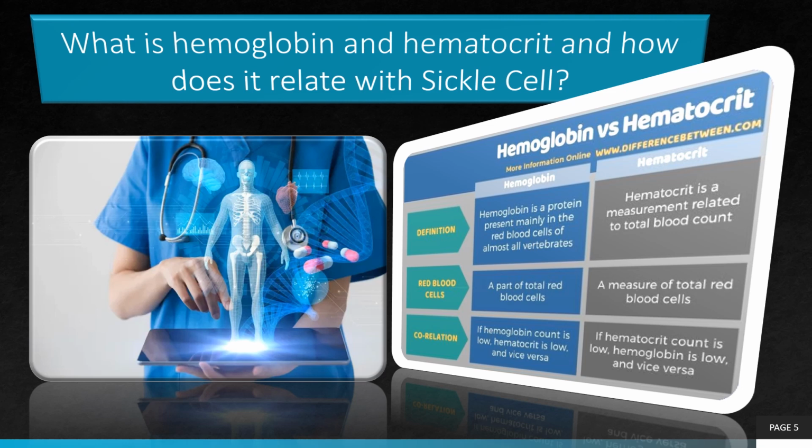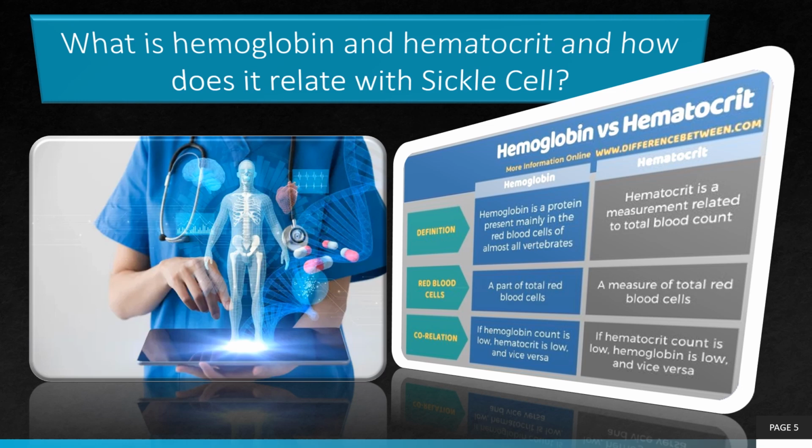What is hemoglobin and hematocrit, and how does it relate with sickle cell? Hemoglobin and hematocrit are commonly confused. The key difference is that hemoglobin is a protein, presented mainly in the red blood cells of almost all vertebrates, and hematocrit is the measurement related to the total blood count.